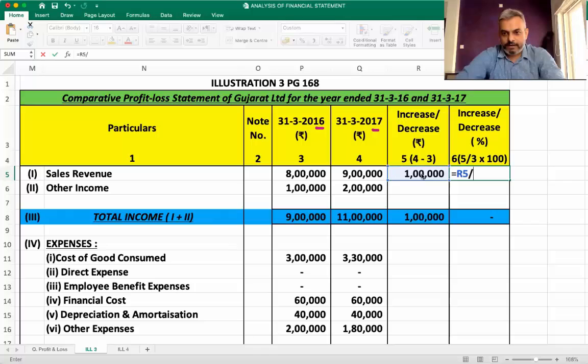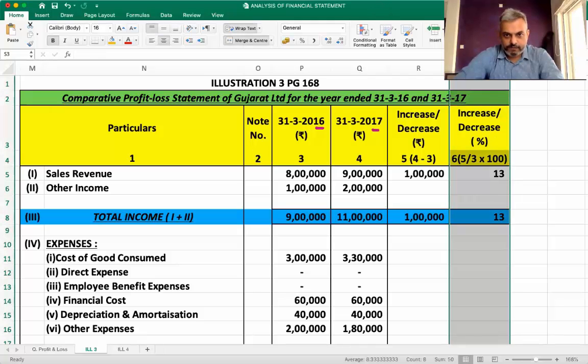So 1 lakh divided by 8 lakh, because it was 8 lakh, it became 9 lakh. So what is the increase with reference to the previous year? 1 lakh divided by 8 lakh into 100. So that comes to 13, or we can say 12.5 or 13.